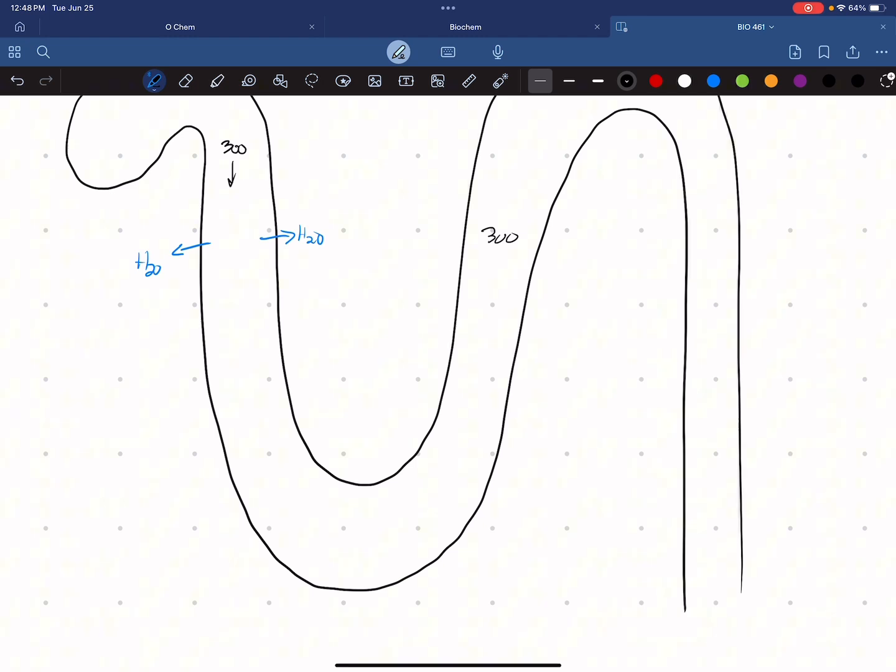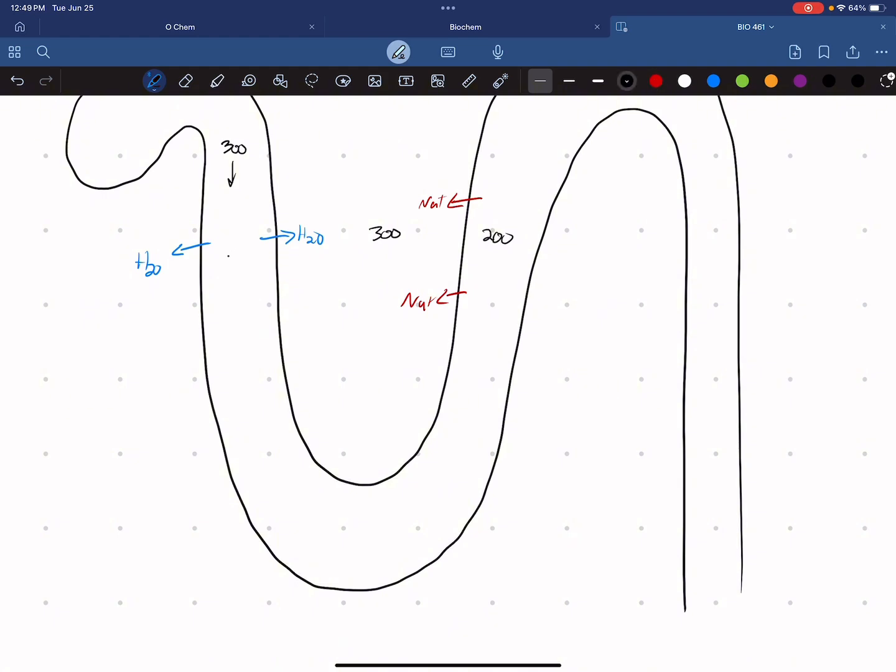Well, we know that the ascending loop of Henle wants to have a difference of 200 between the medullary space and this space. So what we need to do is cause this to go to 200. We know that sodium and chloride are able to leave here into the medullary space, so that will lower this concentration down to about 200.